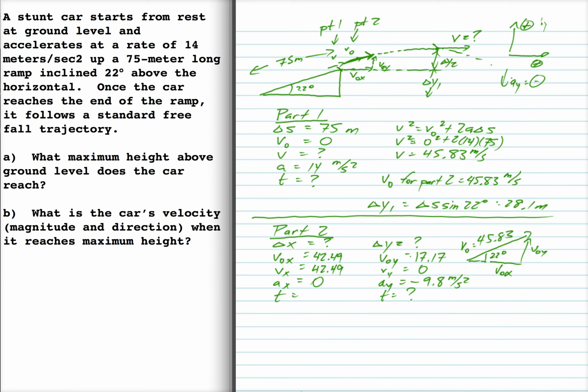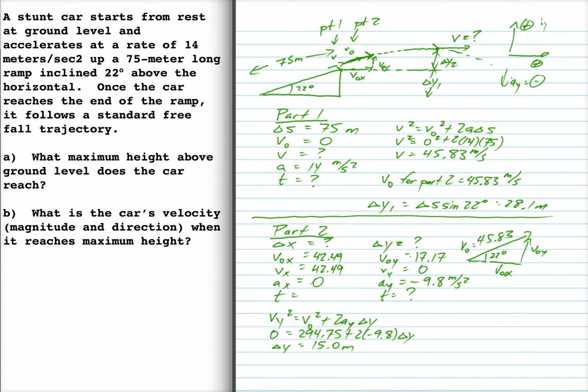Let me go ahead and get the max height out of the way. I'm going to use the equation that doesn't have t in it and solve for my y quantity. So vy squared equals v naught y squared plus 2ay delta y, I get 0 is equal to v naught squared plus 2ay, and so delta y for part 2 is 15.0 meters.